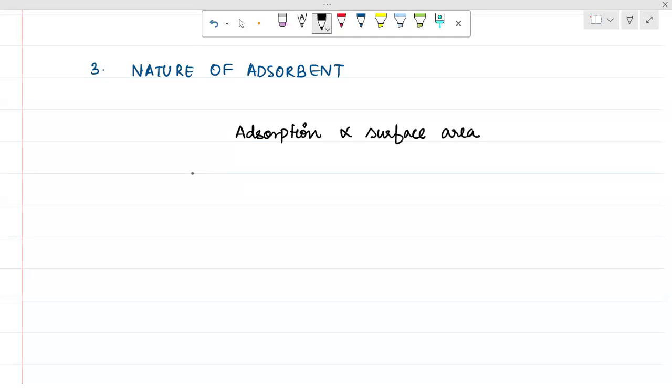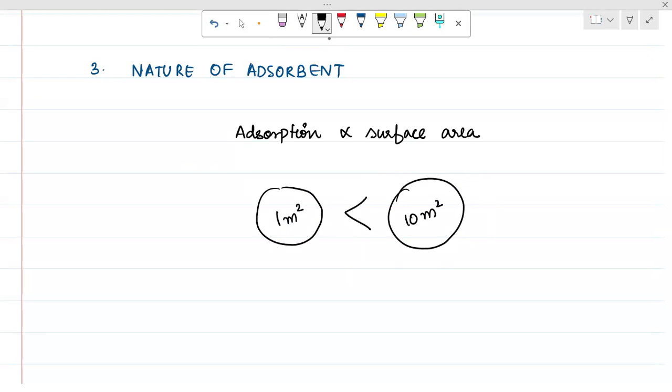If you have a system with, let's say, 1 meter square, and if you have another system with 10 meter square surface area, the adsorption will be higher for 10 meters square.